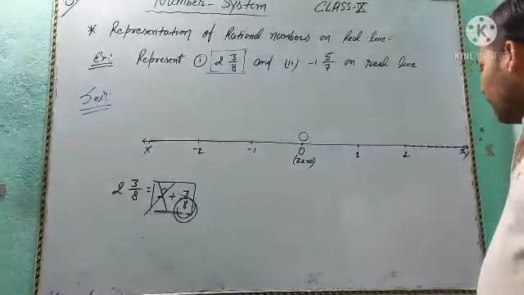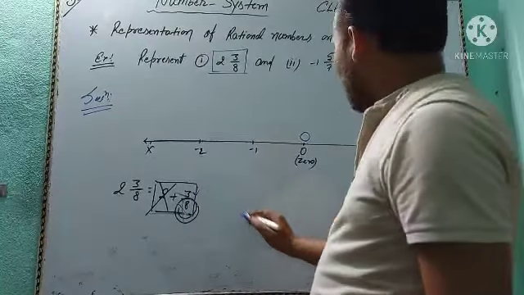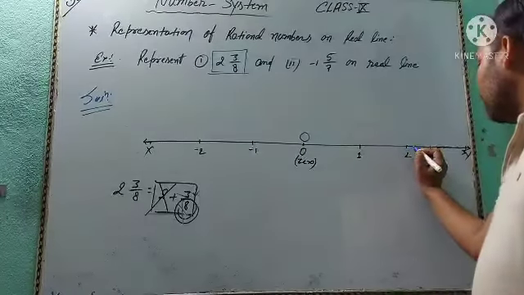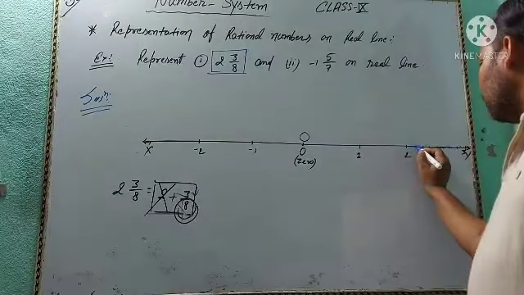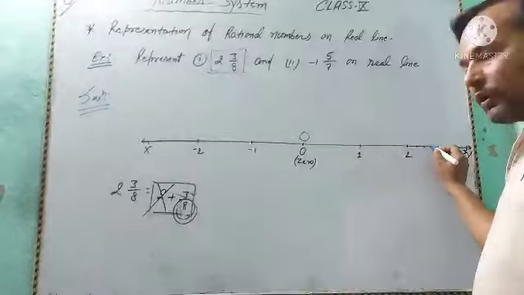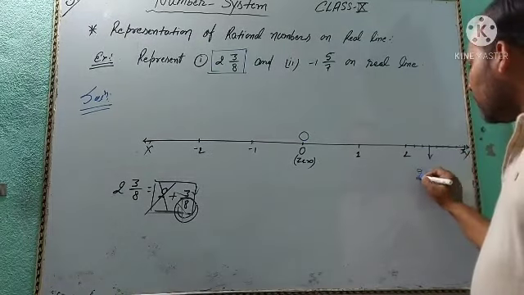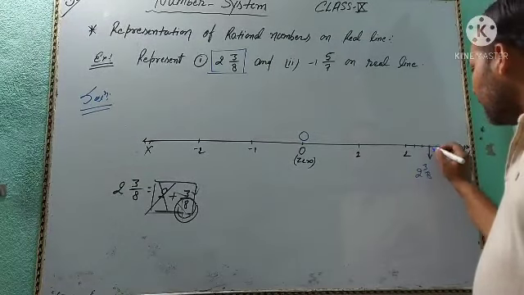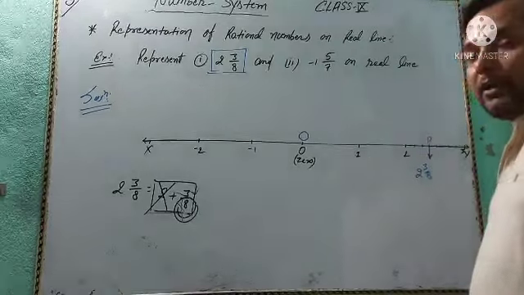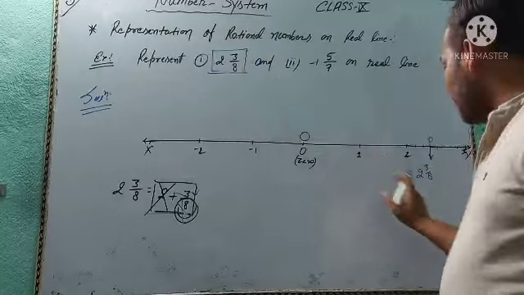The numerator is 3, so we count from 2: 1 2 3. This point represents the rational number 2 upon 3 by 8. This point is called P.